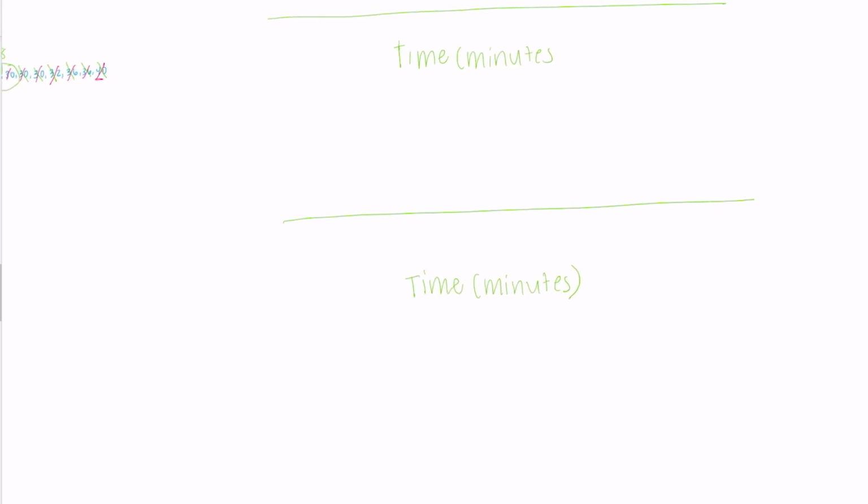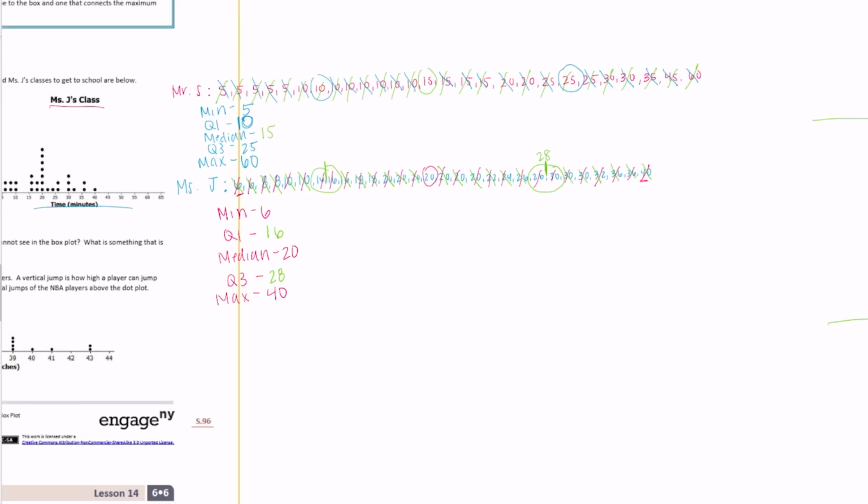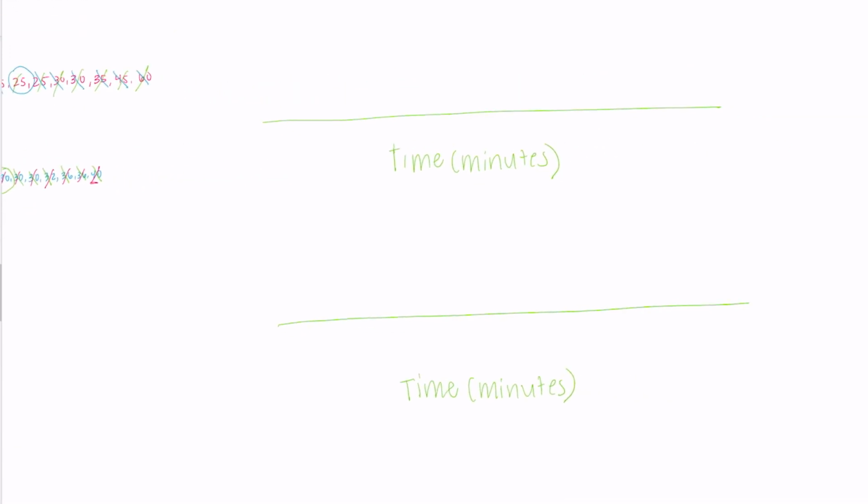And we range anywhere from, let's see, this one 6 to 40 and this one from 5 to 60. So I'm going to go from 0 to 60. And let's go by 5s.